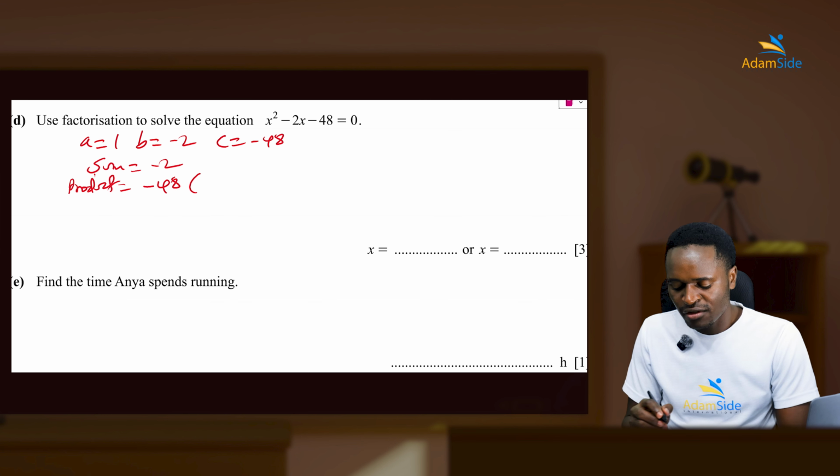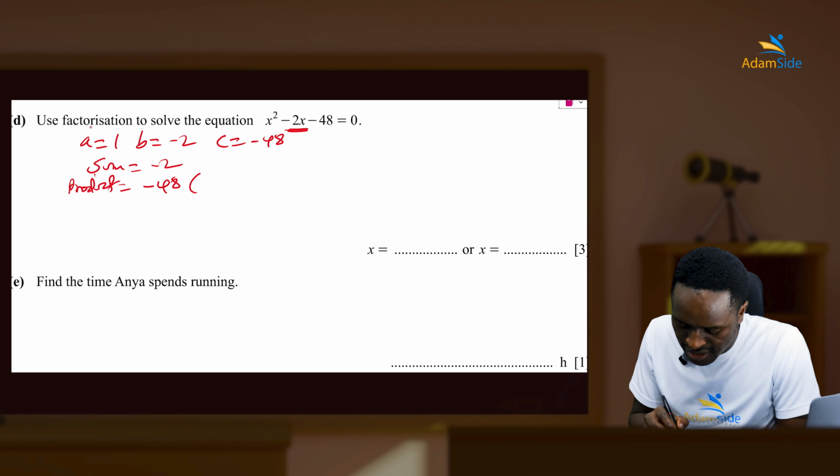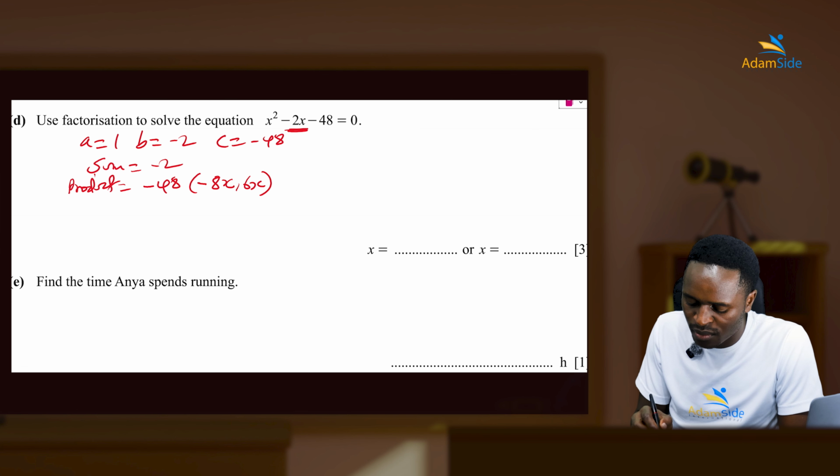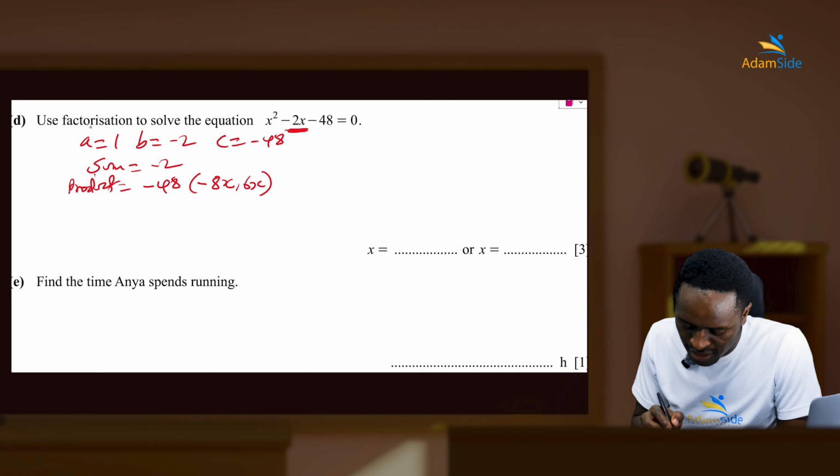Find two numbers that if you add, you get -2. So obviously it's -8x and +6x, renaming the middle term in terms of x. If you take -8 times 6, you get -48, and -8 plus 6 gives -2.